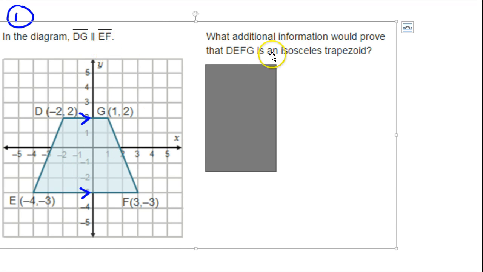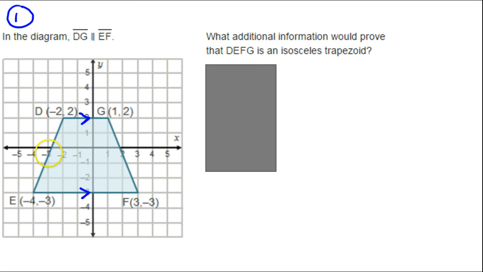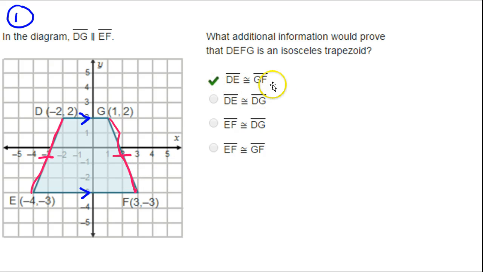To prove it's isosceles, we need to know that the legs are congruent, that this side and this side are equal in length. That's DE and GF. We would need to know that those are congruent to each other. That's the answer to the question.